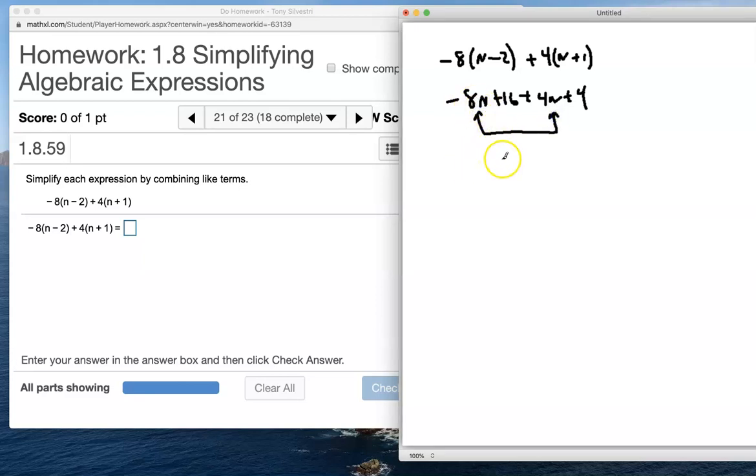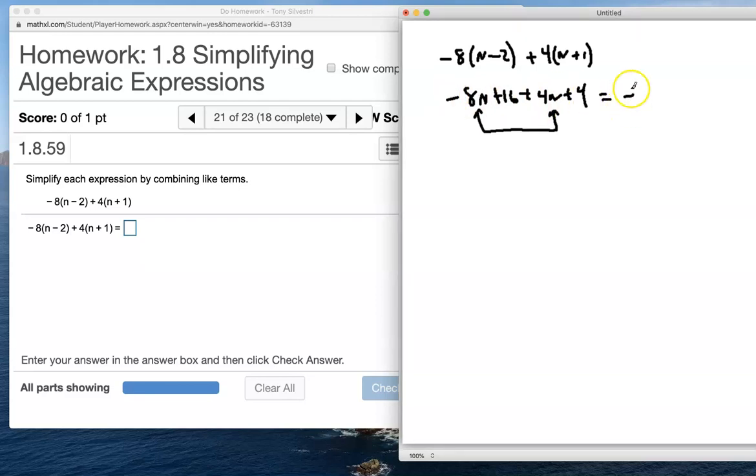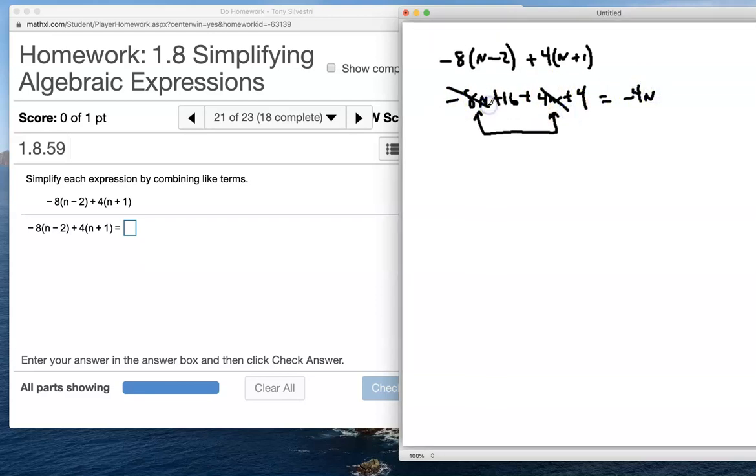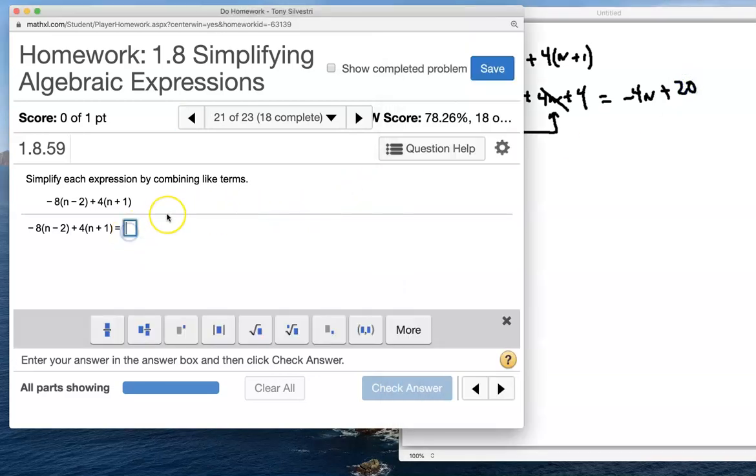Negative 8n, let's do it over here. Negative 8n plus 4n, in the order that you see it, is negative 4n. So now the n's cross out. I don't want to look at them anymore. 16 plus 4 is 20. And that's what we have. Negative 4n plus 20.